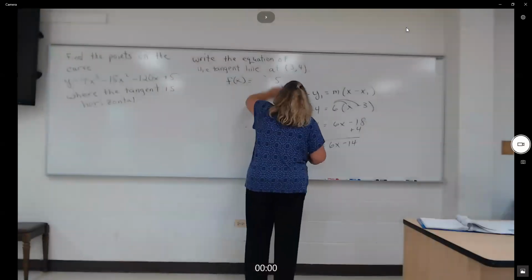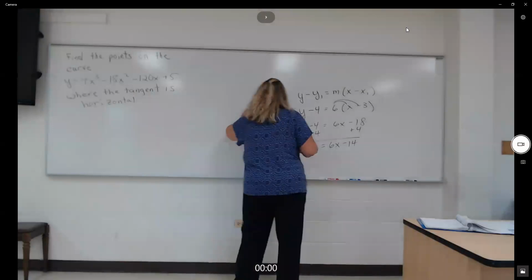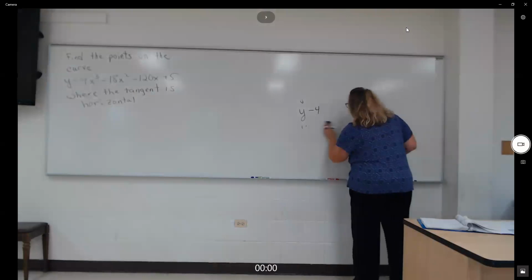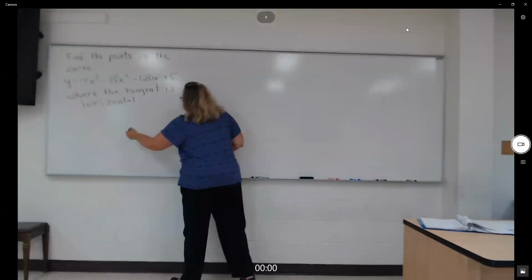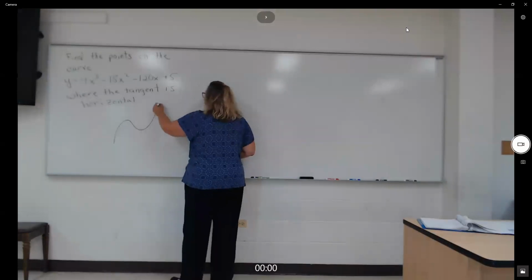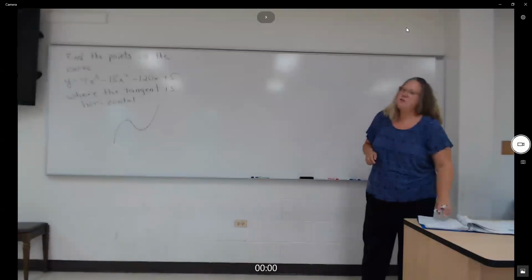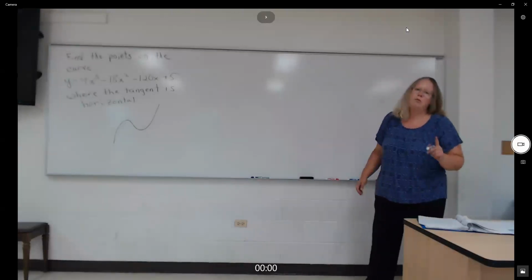Any graph, this one probably looks like the one I'm going to draw, but just in general. If we have a graph, where is the tangent horizontal? And what do we know about horizontal lines and their slope?